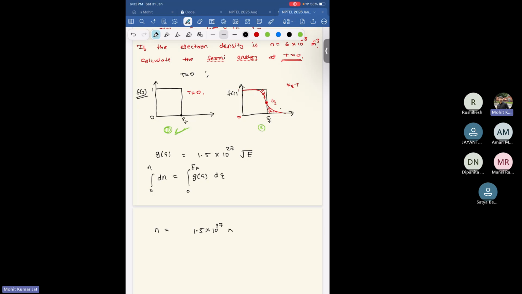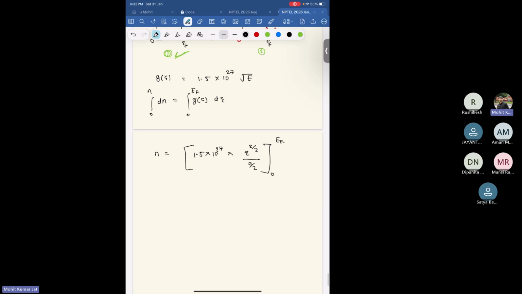If you integrate square root of E, you will get E to the power 3 by 2 divided by 3 by 2, and then you put your limit of 0 to EF, till the Fermi energy, and here 1.5 into 10 power 27 times EF to the power 3 by 2. So n is 10 power 27 times EF to the power 3 by 2.